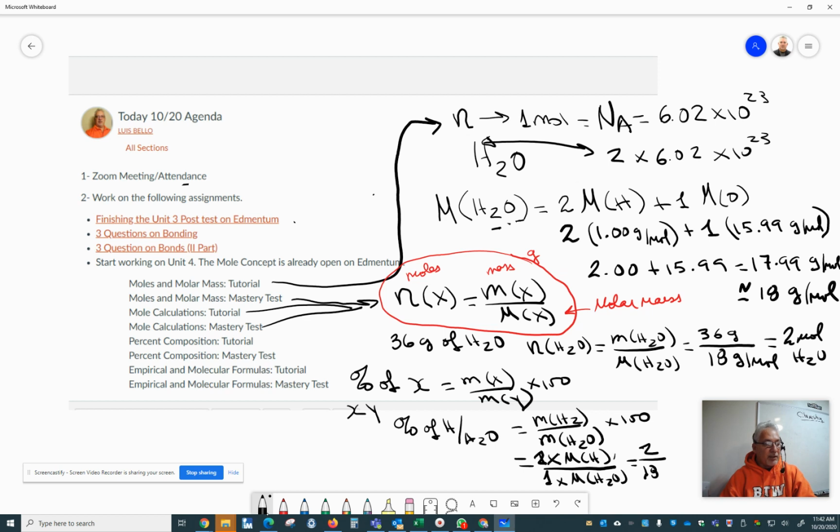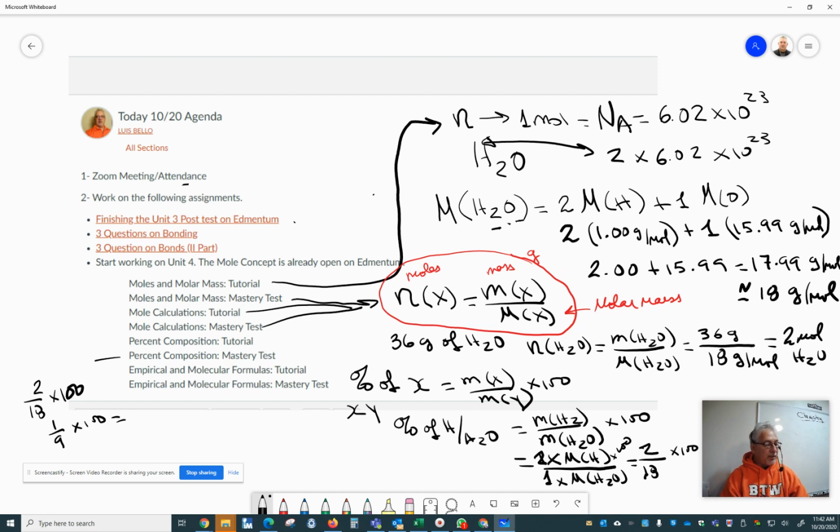I forgot to write the 100 here, but don't forget it will multiply by 100. I use this side here because I don't want to erase all the things that I wrote already. So 2 over 18 times 100.